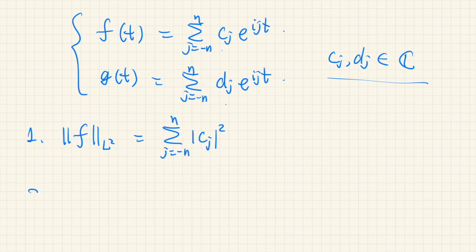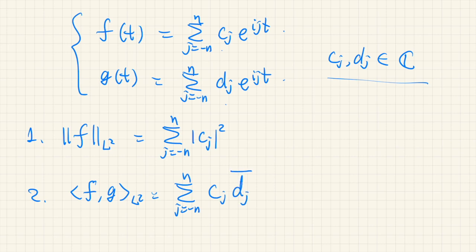And second, the inner product between f and g is the sum of the product of the coefficients Cj and the complex conjugate of Dj.